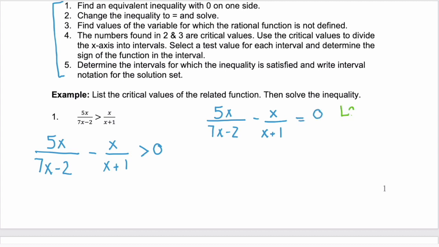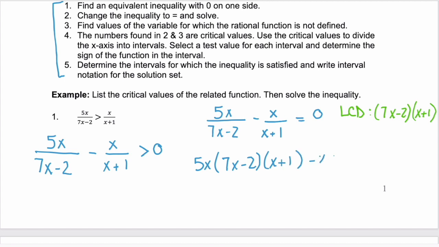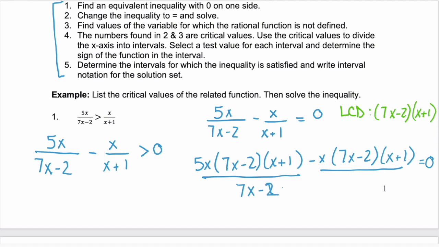Well, since we have fractions, we want to find the LCD, which is going to be both of those denominators, 7x minus 2 times x plus 1. And we'll multiply each term by that LCD. And notice that on the right we have 0, so that'll just stay 0. And we have our denominators, 7x minus 2 and x plus 1.